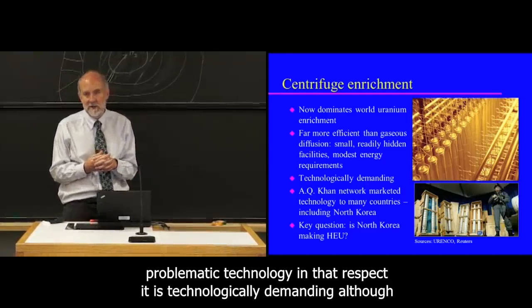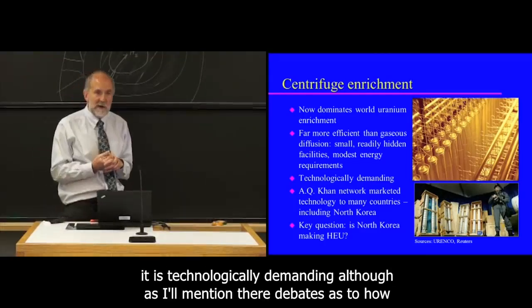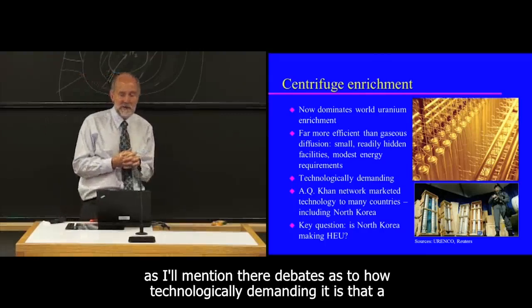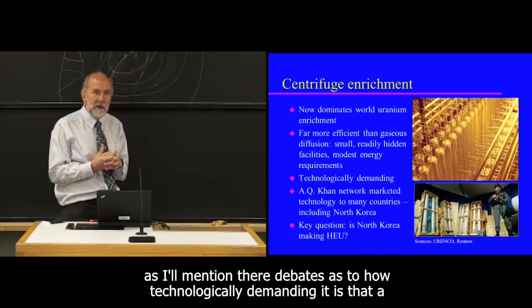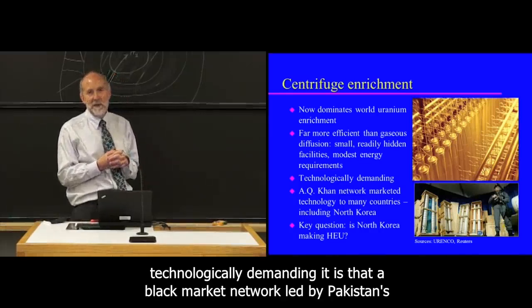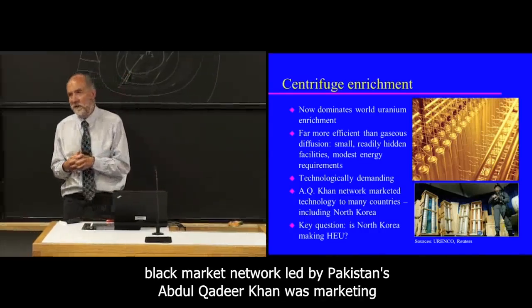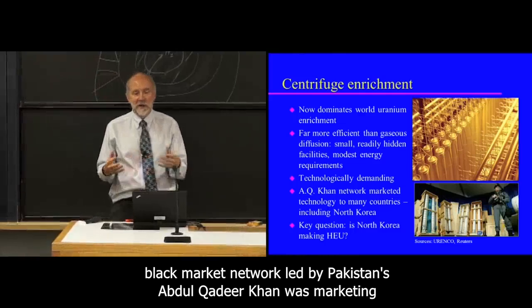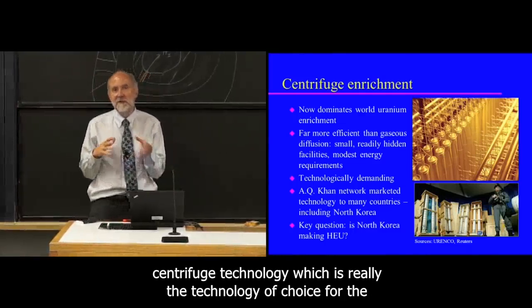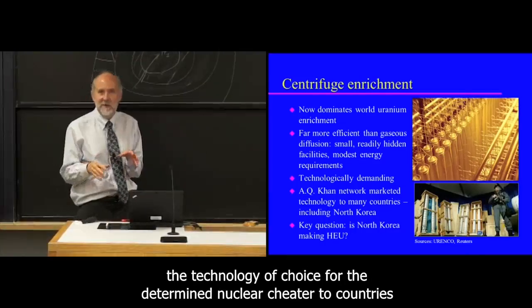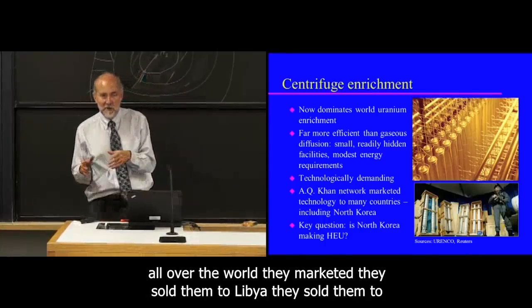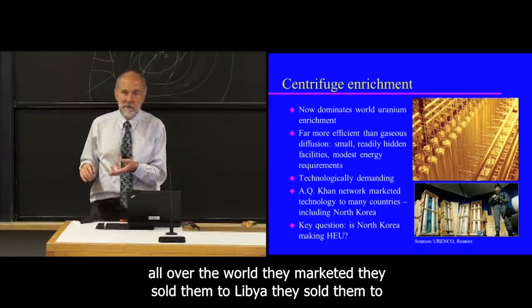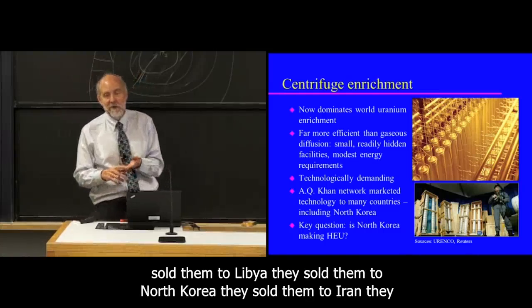It is technologically demanding, although, as I'll mention, there are debates as to how technologically demanding it is. The black market network led by Pakistan's Abdul Qadir Khan was marketing centrifuge technology, which is really the technology of choice for the determined nuclear cheater, to countries all over the world. They sold them to Libya, they sold them to North Korea, they sold them to Iran.